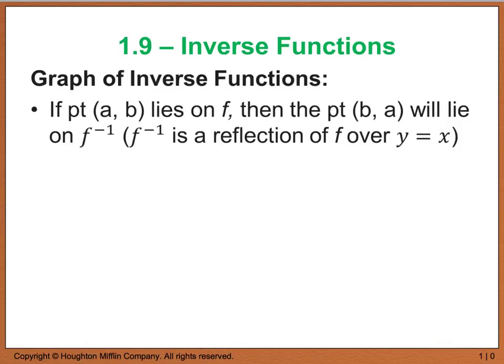Now when we go to graph these, you'll see that if you have a point (a, b) on the graph of f, then when you invert these two, the point (b, a) will lie on the inverse of f. That's because the inverse of f is really a reflection of f over the line y equals x.